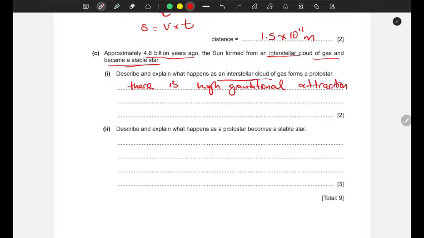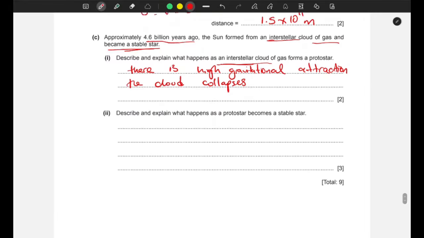Due to this force, the cloud will collapse on itself. Because of it, the cloud collapses and there's an increase in temperature. And because of this, it forms a protostar.